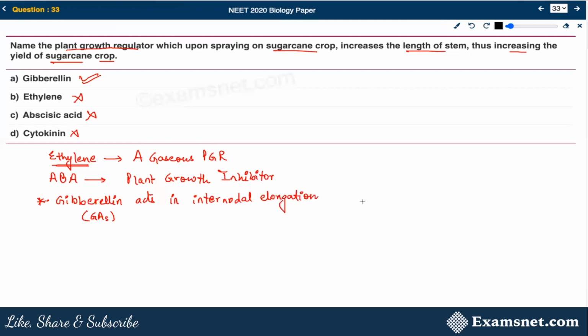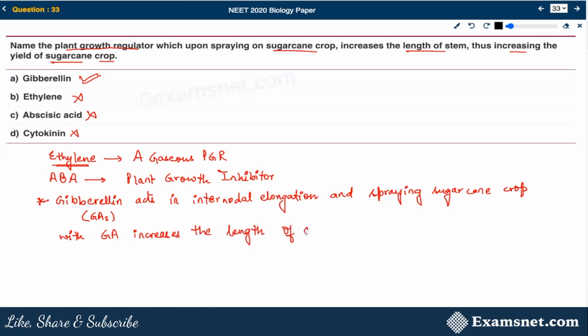So it acts in the internodal elongation, and spraying the sugarcane crop with GA increases the length of stem, thereby increasing its productivity also.